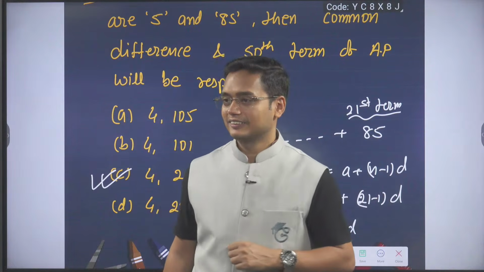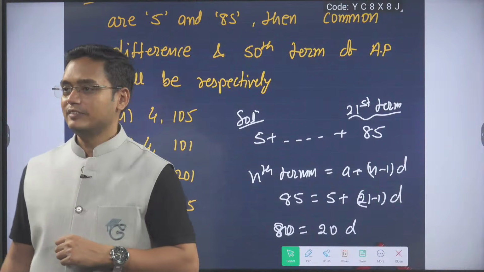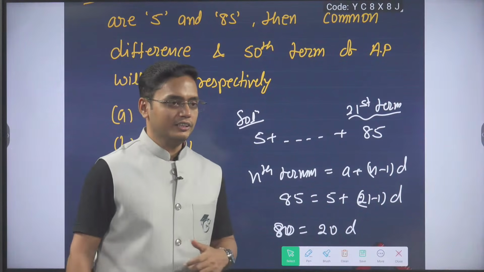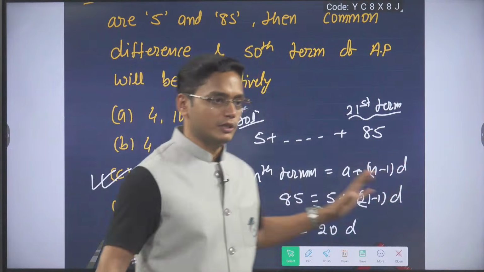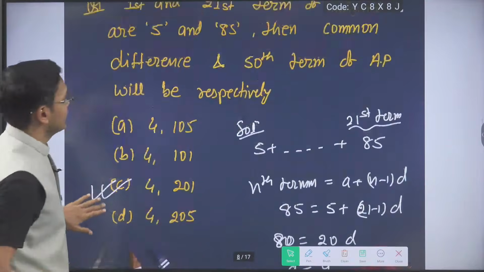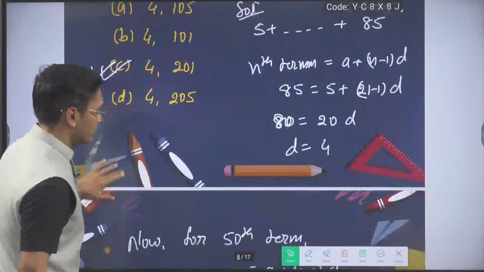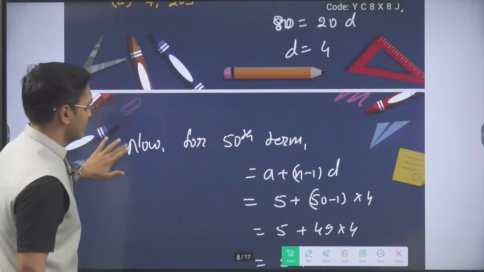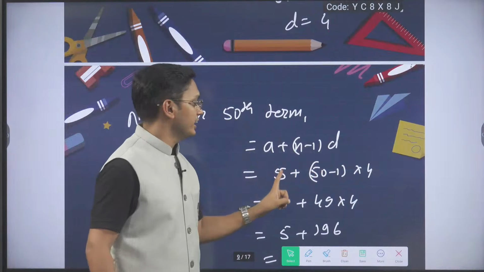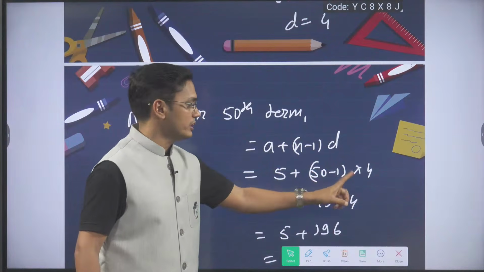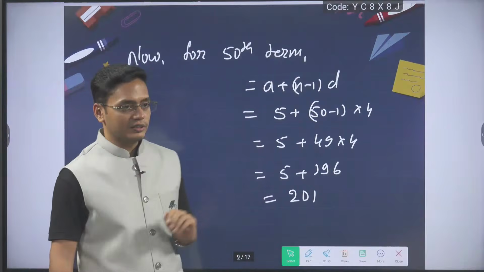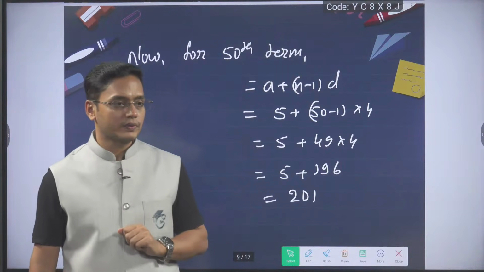If things get resolved, only one question is left, so let's do it fast. The next part is the 50th term, which means the nth term, so we can apply the formula: a plus n minus 1 into d. a is 5, n is 50, 50 minus 1 into d, d is 4, so we get 201. That's why C is the correct answer.